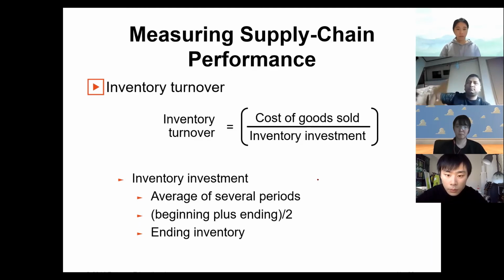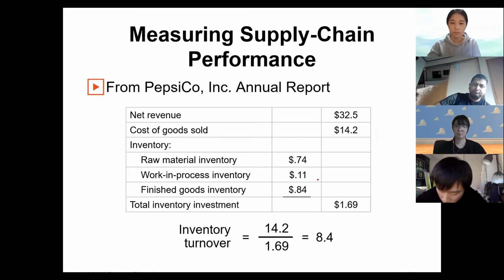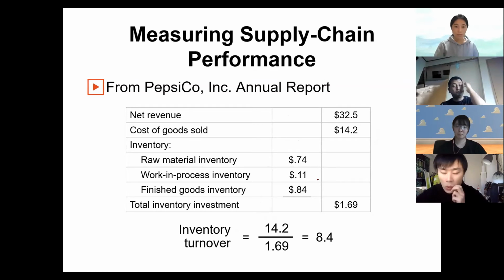Inventory investment is the amount kept as inventory in the system. It is the average of several periods, for example beginning plus ending divided by 2, or even the ending inventory. If you look at this example from PepsiCo Incorporated, go to the annual report, because all annual reports will have inventory. Am I right?